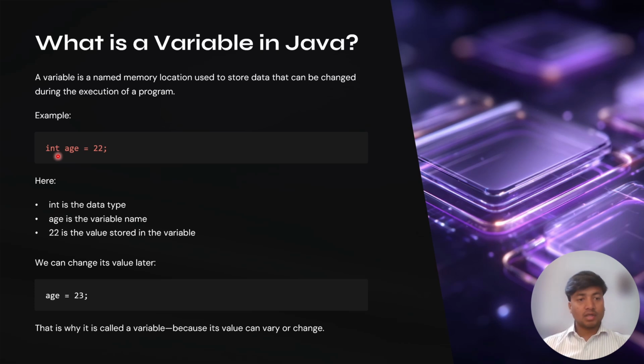Here int is integer, age is the variable name, and 22 is the value. If it is int, we can take only digits, only numbers. Here you see that we can change its value later, like age = 23, or any value like 24, 25, 26.